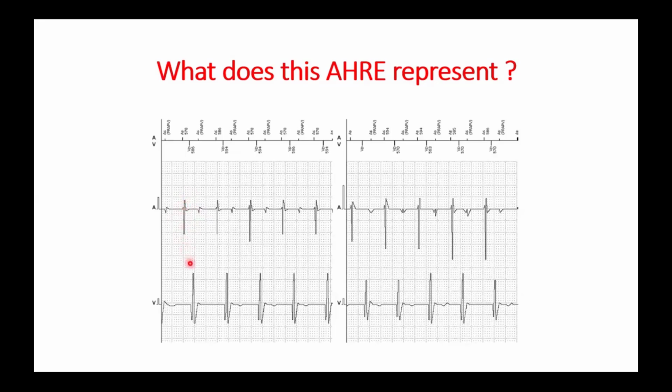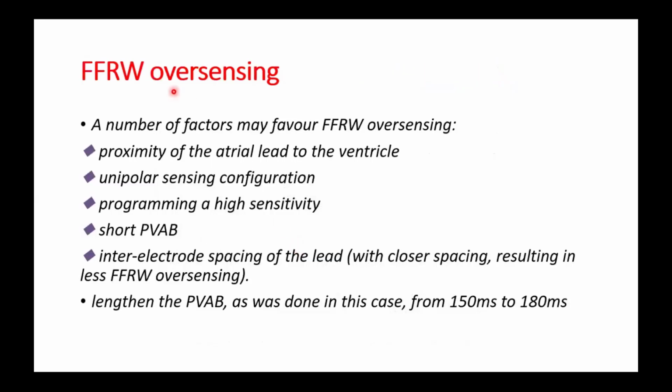One is sharp and precedes the V, and the other is almost simultaneous with the V. The interval between these is not fixed, but the second is always consistent and always related to the V. So this is actually R wave oversensing on the atrial lead, which is called far-field R wave oversensing.